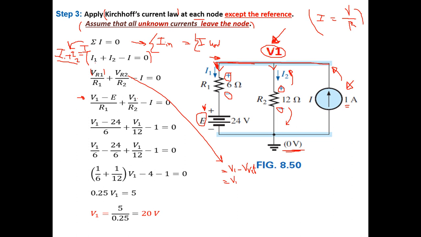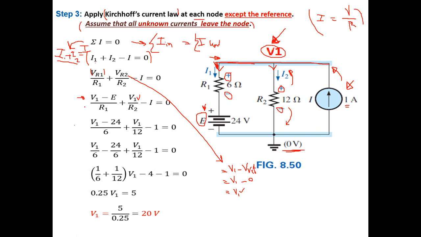So it will be V1 minus 0, which is equal to V1 by the end. So VR2, the voltage across the terminals of R2, is V1 minus 0, which is V1. So the nodal voltage V1, as it's written here, minus I, so it's 1 ampere only.